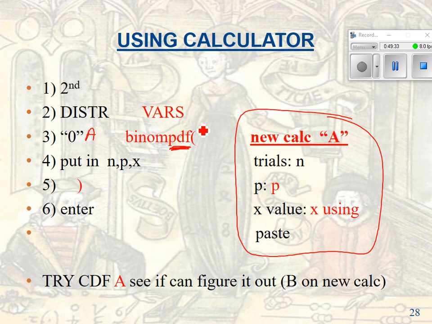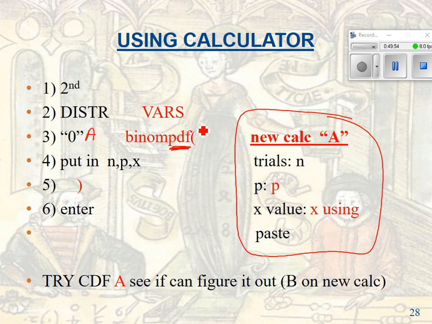We hit enter, and mine pops up binom PDF with a parenthesis, and in that parenthesis we want N, comma, P, comma, X, close the parenthesis. So N this time is 7, then we hit the comma button.